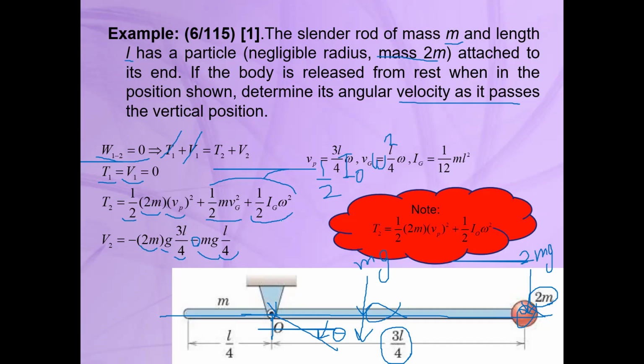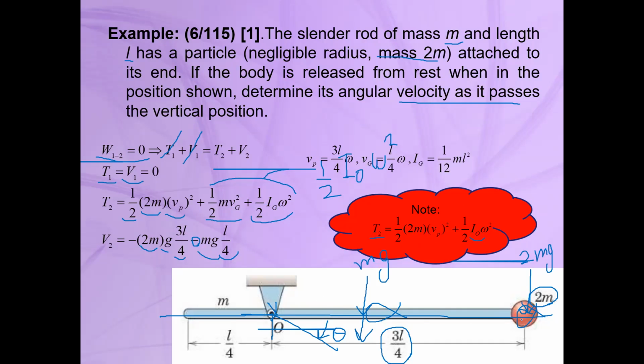As I told you, instead of m Vg squared plus half Ig omega squared, you can substitute half I_O omega squared. It's up to you which you use. Vp and Vg, the velocity of the particle and the velocity of the mass center respectively, are equal to their lengths times omega.